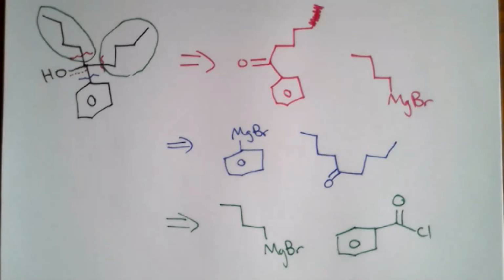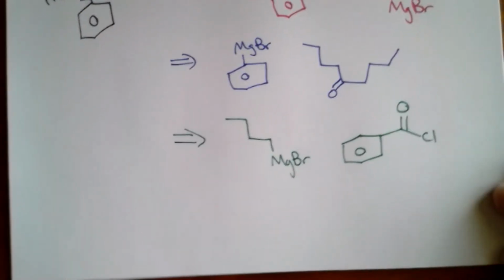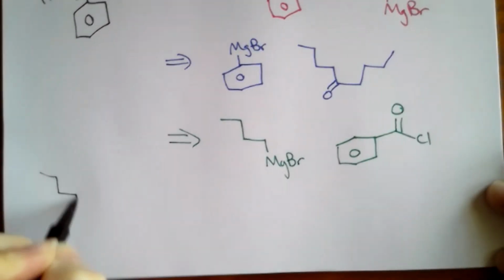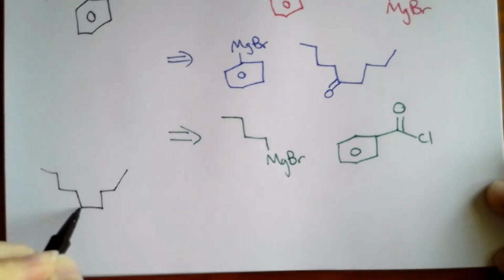I think that's all of my carbonyl options. Could I make this thing from an epoxide and a Grignard? I'm going to draw my original molecule again because it got a little crowded up there, a little messy.